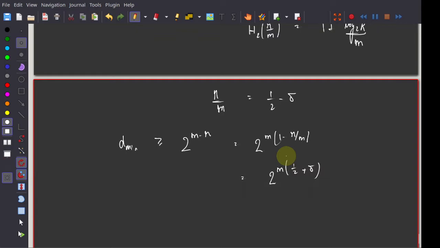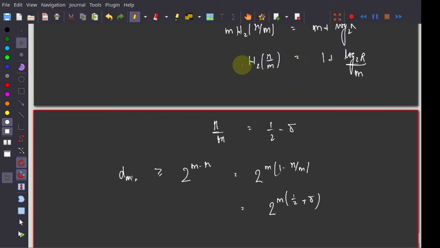So for constant rates, this doesn't quite give us linear minimum distances. Delta is something very small. We know that h2 of r by m is equal to 1 plus log r by m. As m tends to infinity, this quantity tends to 0, and that happens when r by m tends to half.